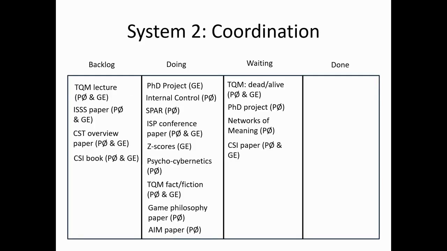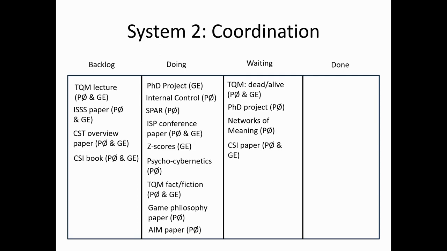One thing I have had good experience with is using Kanban boards. This is a coordination method from Total Quality Management, specifically the Japanese version of TQM called company-wide quality control, sometimes called lean management.